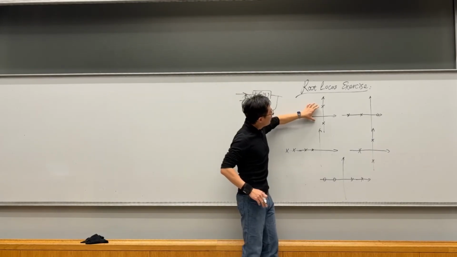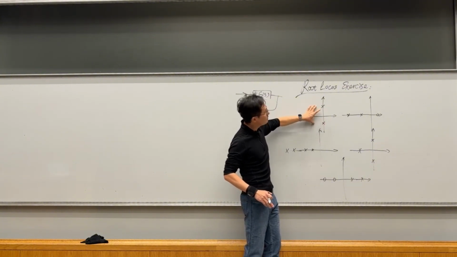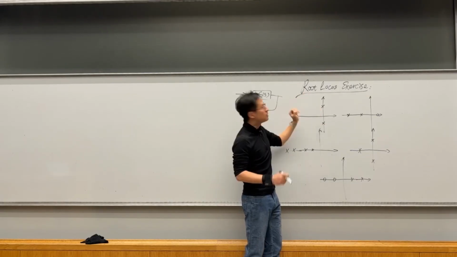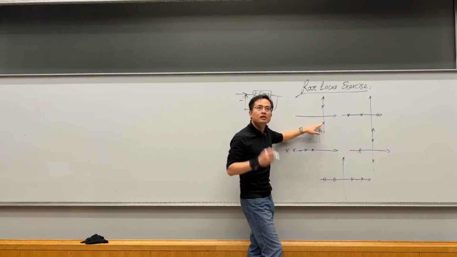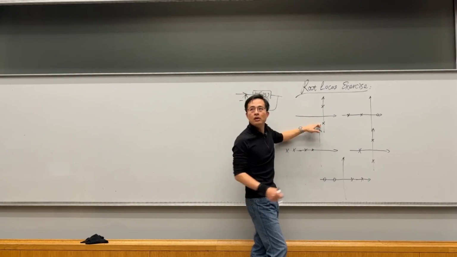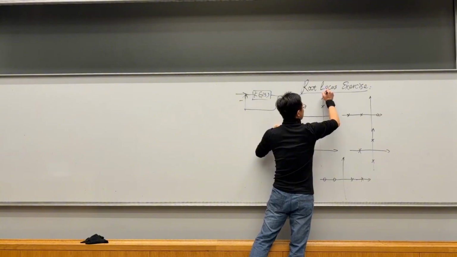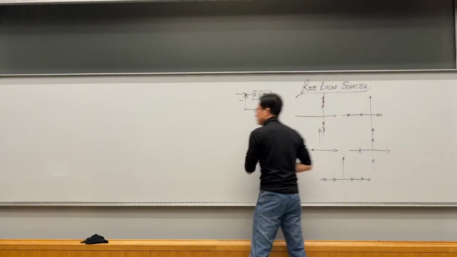And for this one, open loop has two finite poles on the imaginary axis. It doesn't have finite zeros. All the zeros are at infinity. So we know that the root locus is going to start here, and then it's going to end at infinity. And it has to be symmetric. So how should this be done? I'm going to use red.